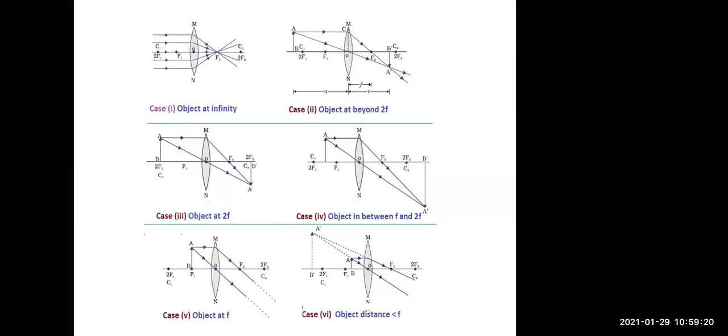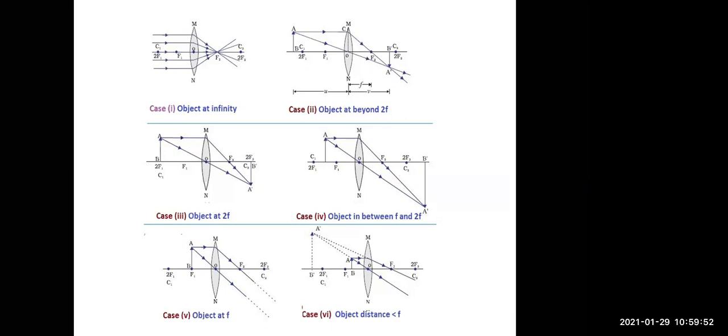Then the second ray, which is coming from the object AB, will pass through the optical center. According to our third rule, whenever the incident ray passes through the optical center of the lens, it passes without changing its direction, so it goes straight away. The two refracted rays intersect at a point, and that point of intersection forms an image, A dash and B dash.